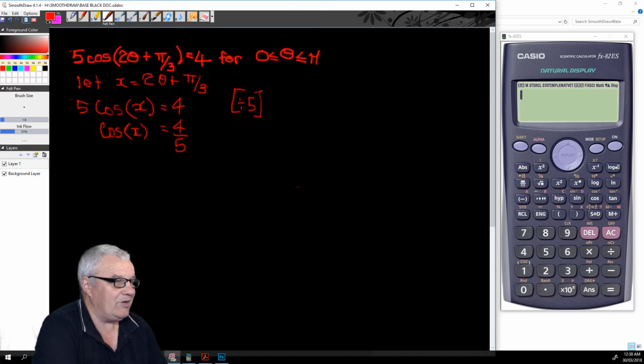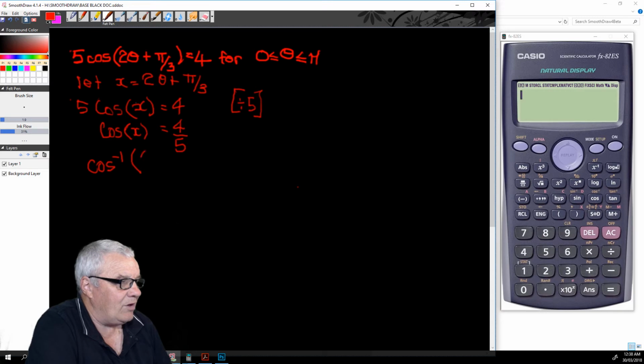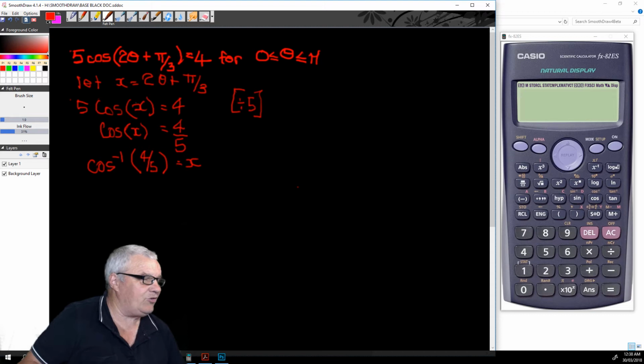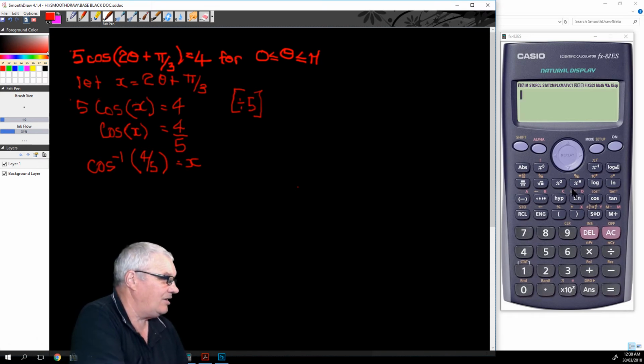And of course now we can solve that by going cos to the negative 1 of 4 upon 5 equals x. So now we go across to our calculator here.